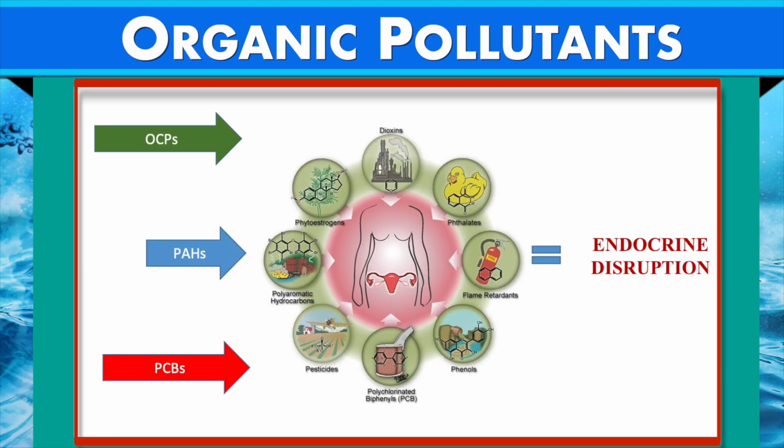Among the various organic pollutants, of utmost importance is the class known as micro-organic pollutants, which are known to cause endocrine disruption and are also carcinogenic in nature, even at micro levels.